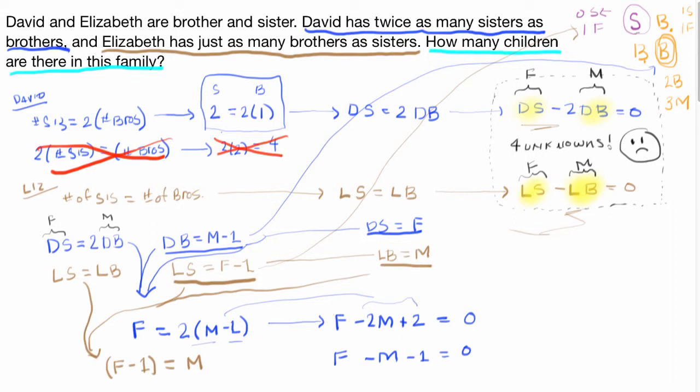We have our F column, we have our M column. Whenever you have numbers that don't have unknowns, you will just move them to the other side, because they do not belong in the M column. They do not grow and change with M. They are constants.